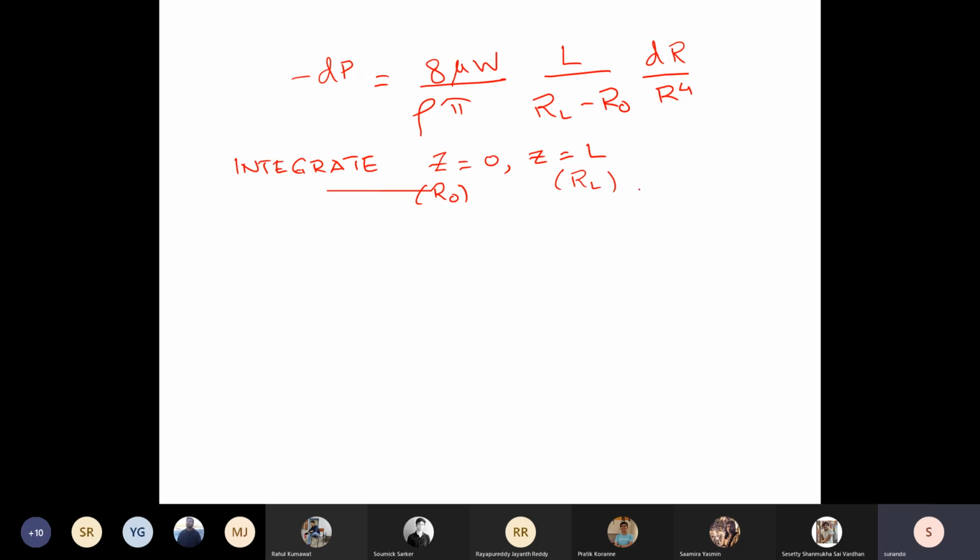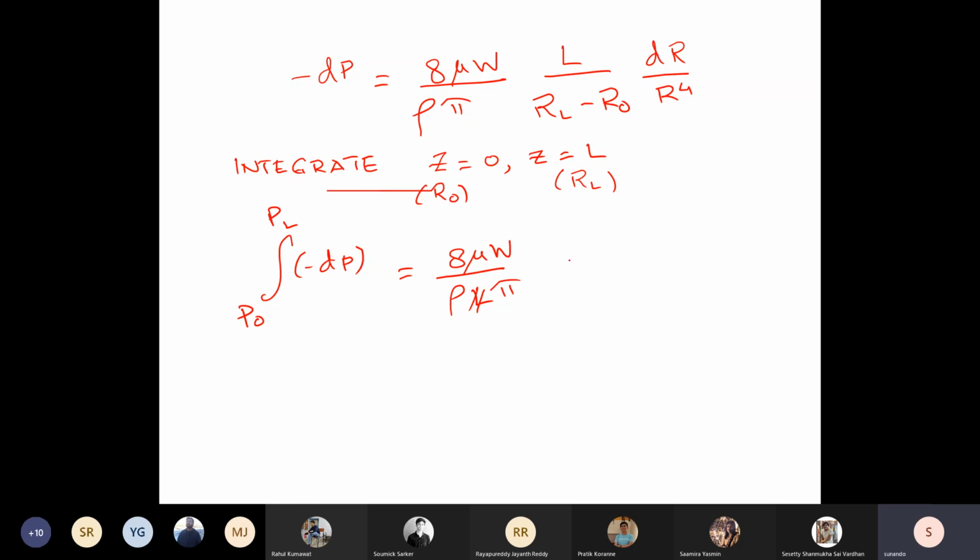And over here, the radius is going to be equal to R_L. So it's a question of simple integration between the limits of pressure at the entry point minus pressure at the exit point, and just a rearrangement of the terms, or in fact, not even rearrangement.